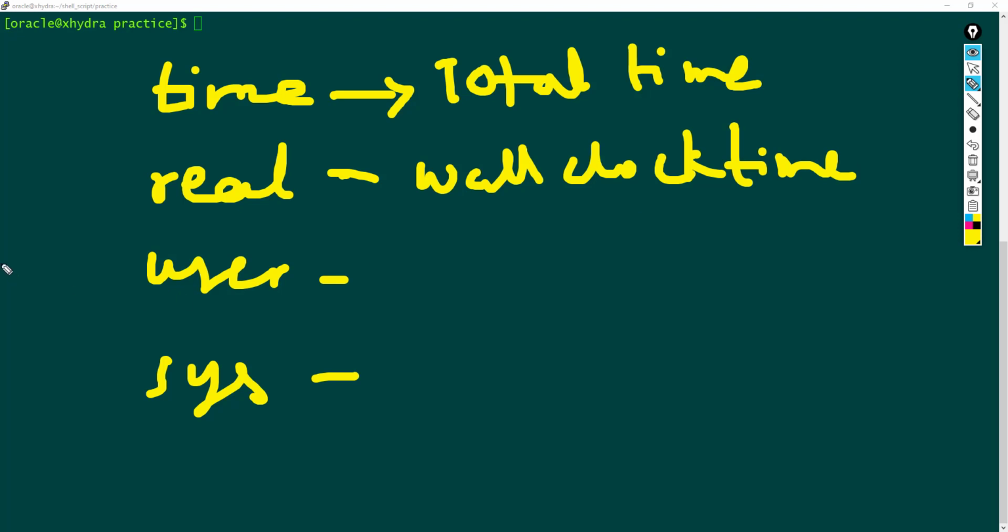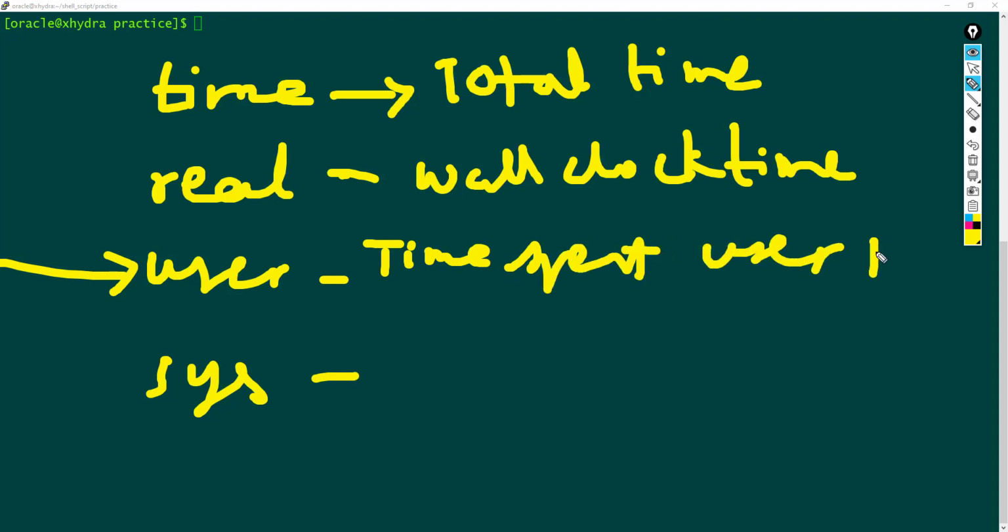Coming to user, user time represents the time spent by the user process on CPU. User process means currently I am connected to the Oracle user. This is called user.